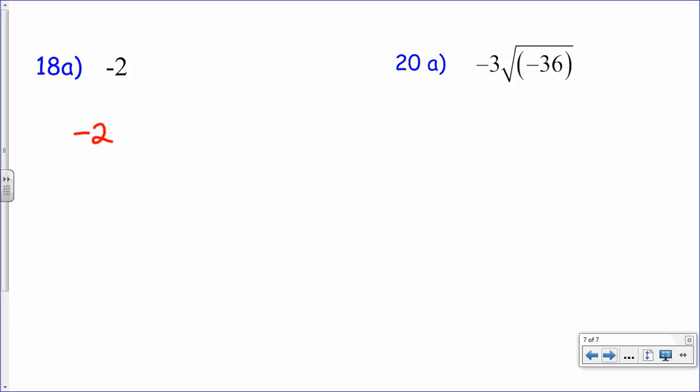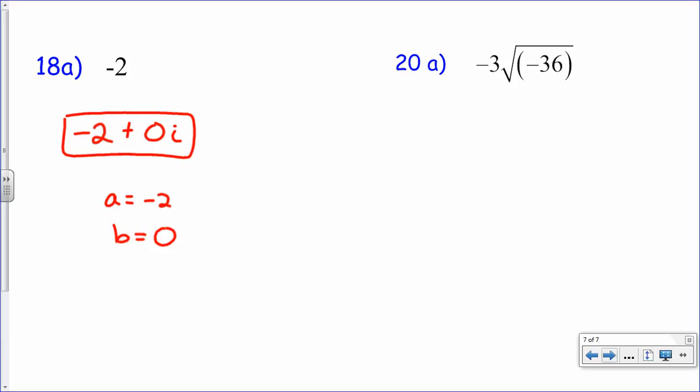And then what would the imaginary part be? 0, right? So plus 0i. So a is negative 2, and b is 0. So even real numbers you can write as complex numbers.